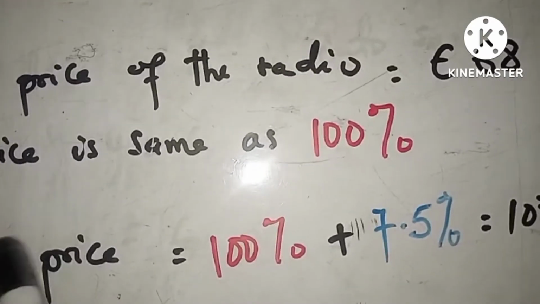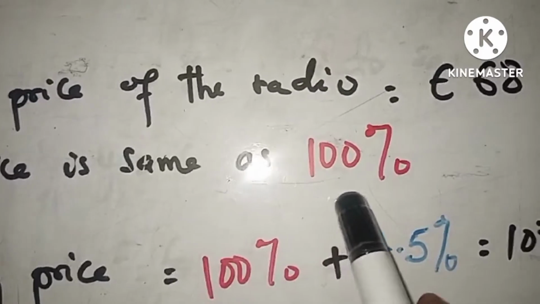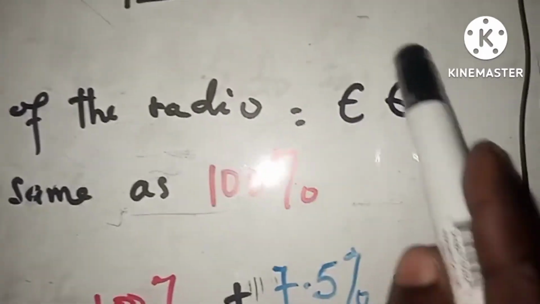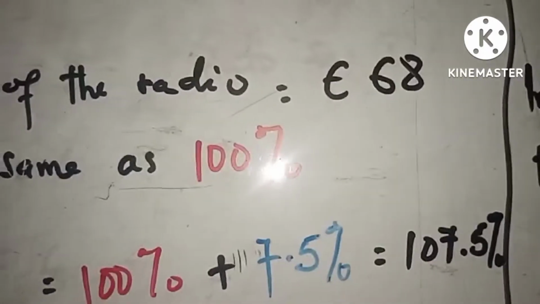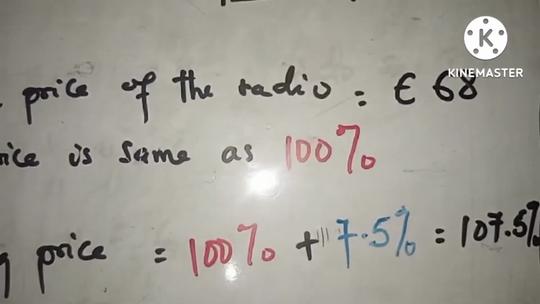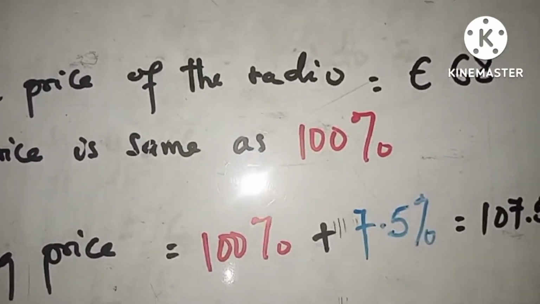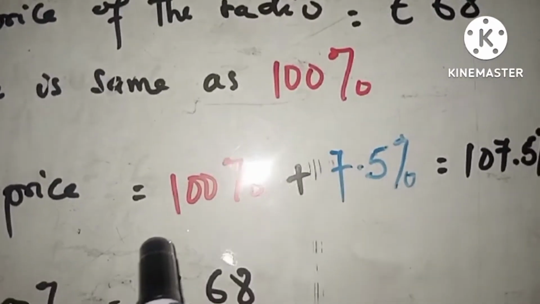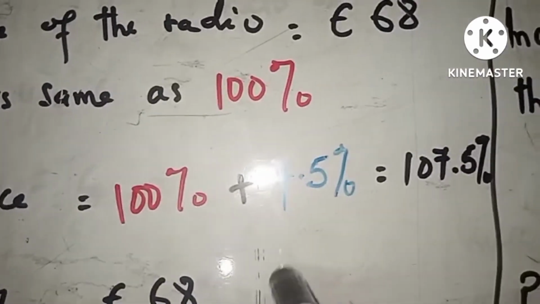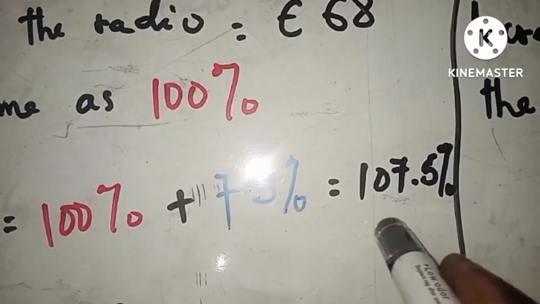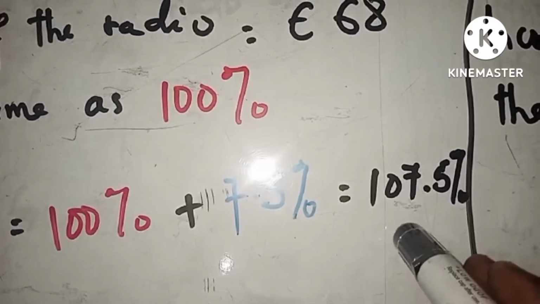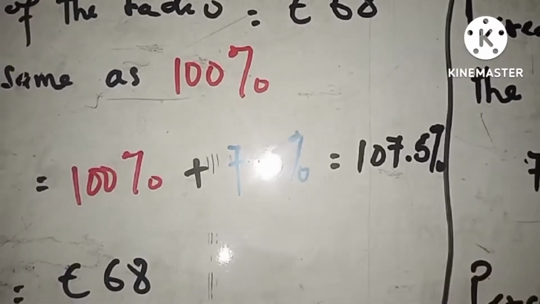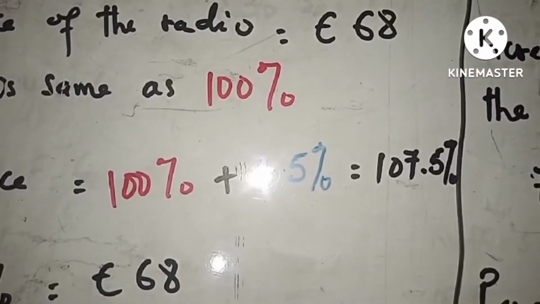Now we know that the cost price is the same as 100%. That's the original state of the product, which in this case is the radio. So the selling price here should give us 100% plus 7.5%, that is equal to 107.5%. Is that okay?